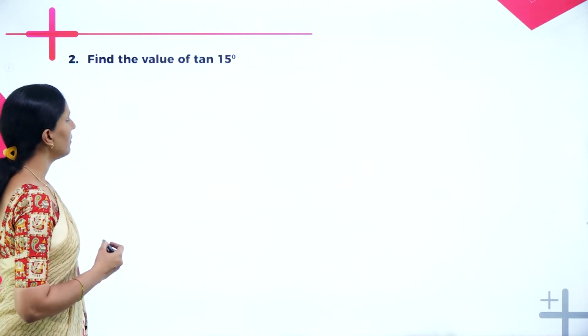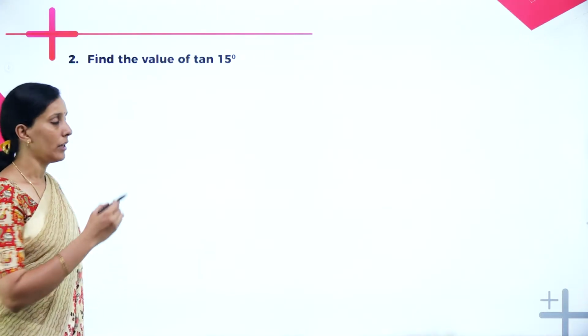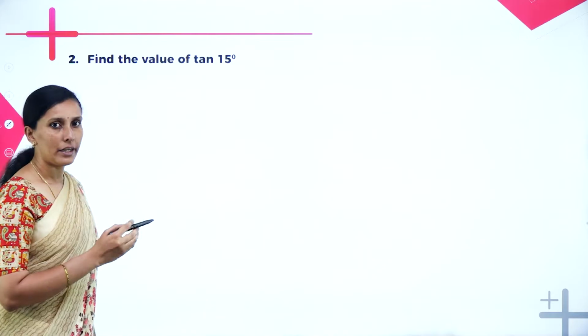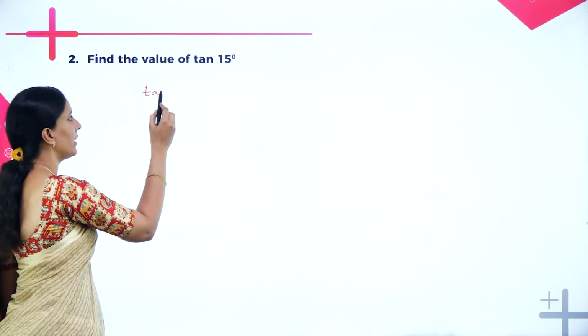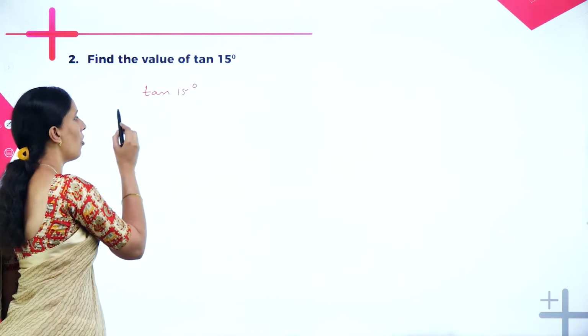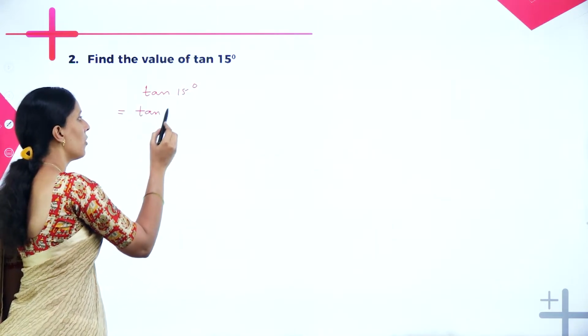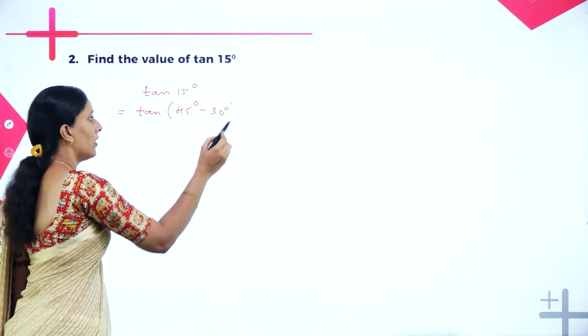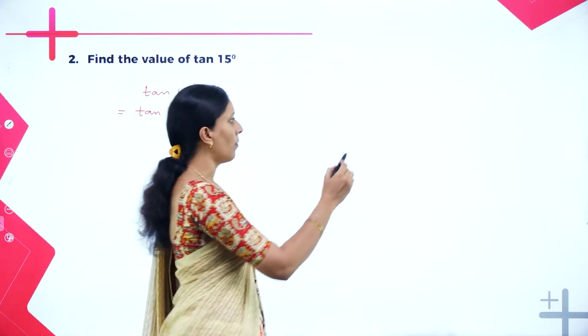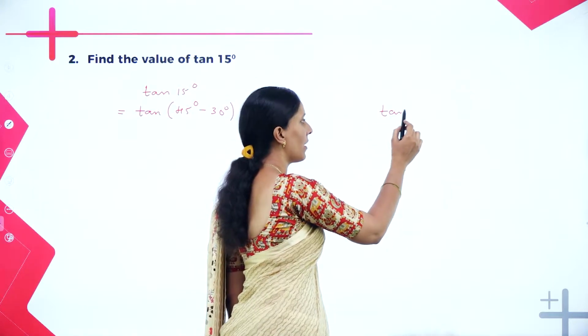Next. Find the value of tan 15 degree. So tan 15 degree we have not learnt under the standard angles, but tan 15 degree can be written in the form of tan of 45 degree minus 30 degree. Now this is in the form of tan x minus y.